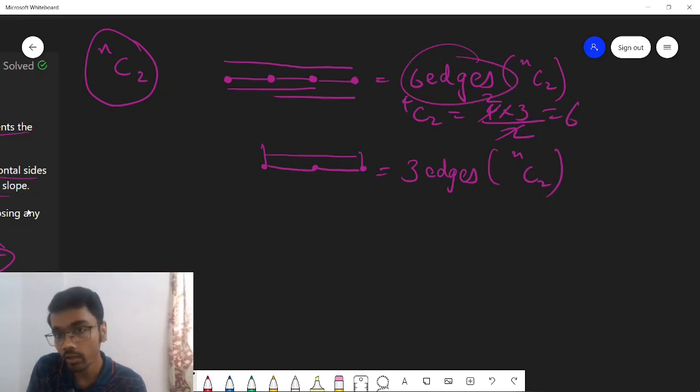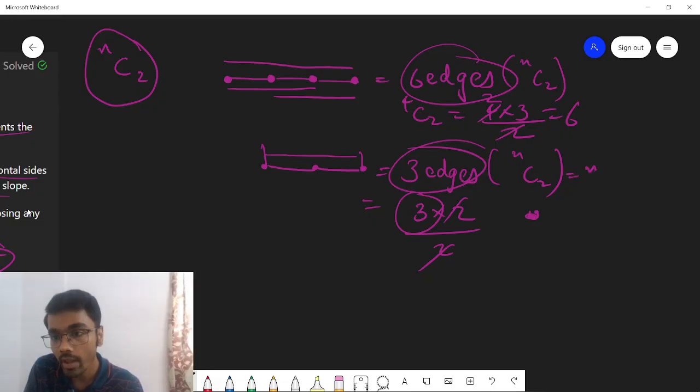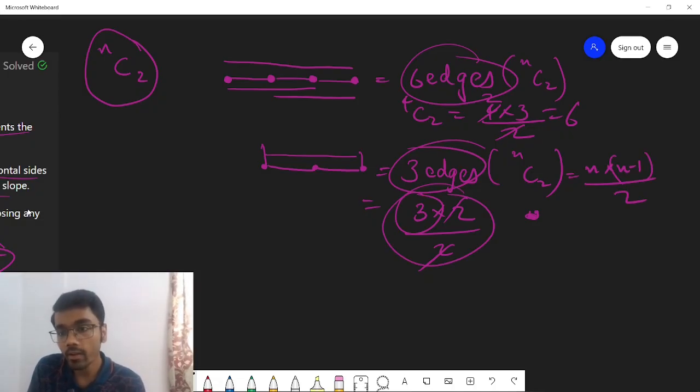That was what our answer was. Here, 3 were the total points, so 3 times 2 by 2, so we have 3 edges. So nC2 is n into n minus 1 by 2. So for any number of points that you have, you just need to calculate the total number of edges.